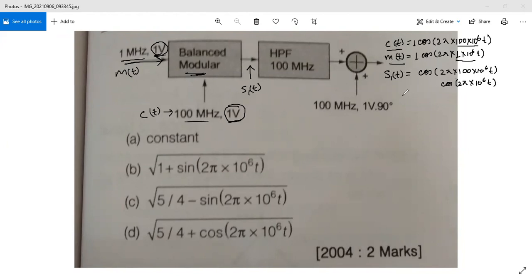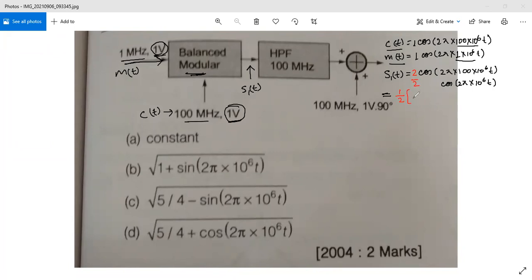We will break this using the cos A into cos B formula. So we all know that cos A into cos B is equal to what? Let me change the color. I think all of you know that it is cos A plus B plus cos A minus B. Here we need 2, so we will multiply and divide by 2. So 2 cos A into cos B is equal to, half will be there.